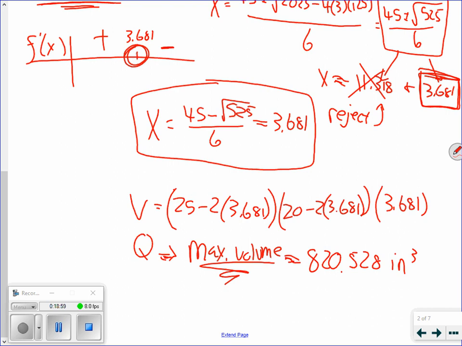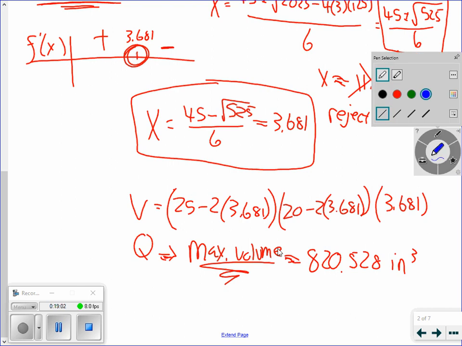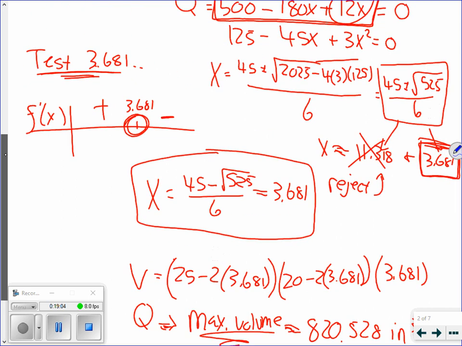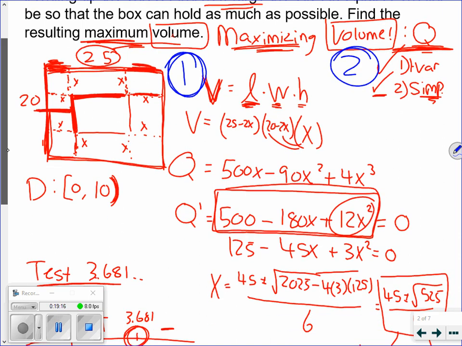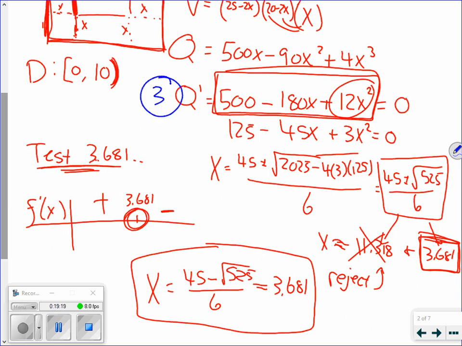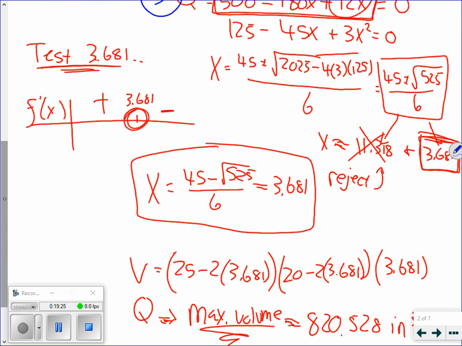So let me give you just a quick guide here, exactly what we did, that works every single time. Number 1, create that equation. Number 2 is to get that equation in one variable and simplify it. Number 3 is to take the derivative. Number 4 is to solve for x.